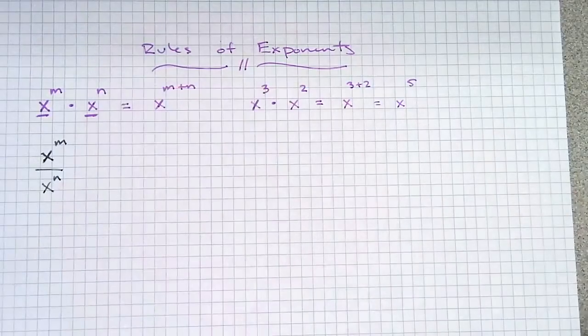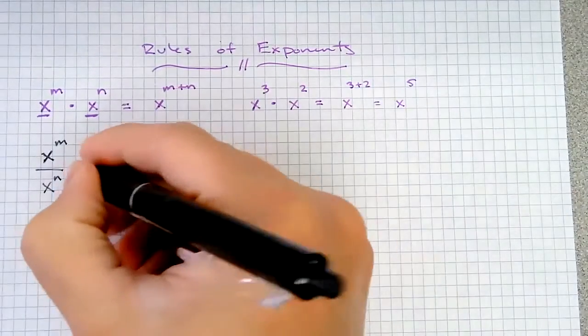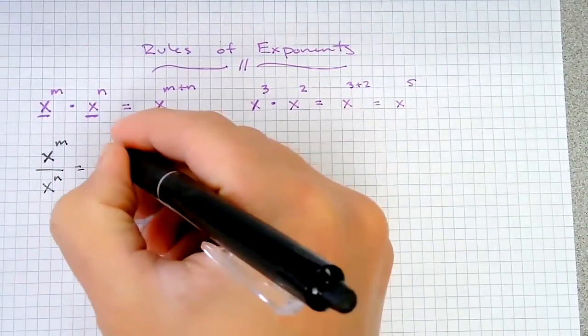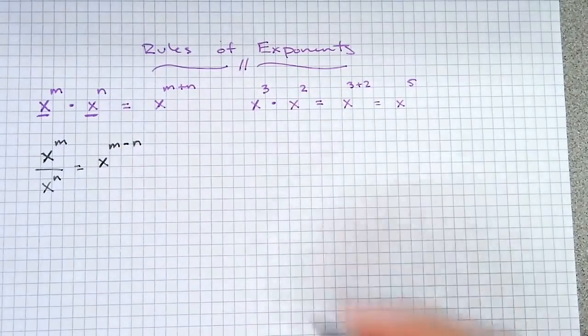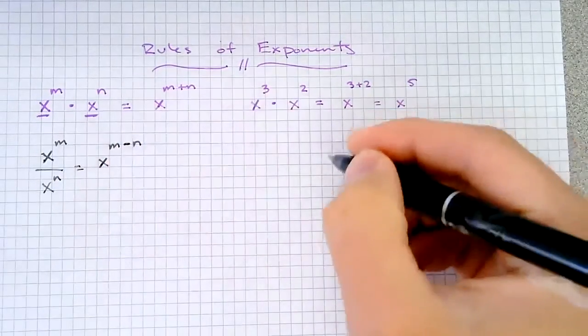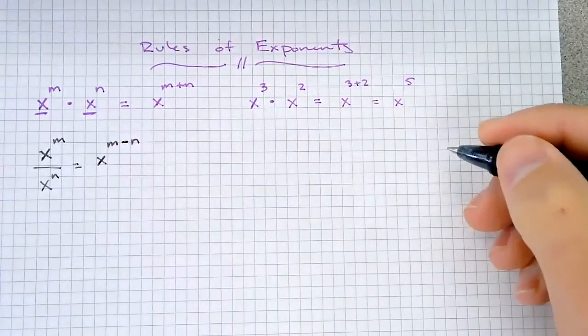Conversely, if you are dividing, you get x to the m divided by x to the n, so we have x to the m minus n.